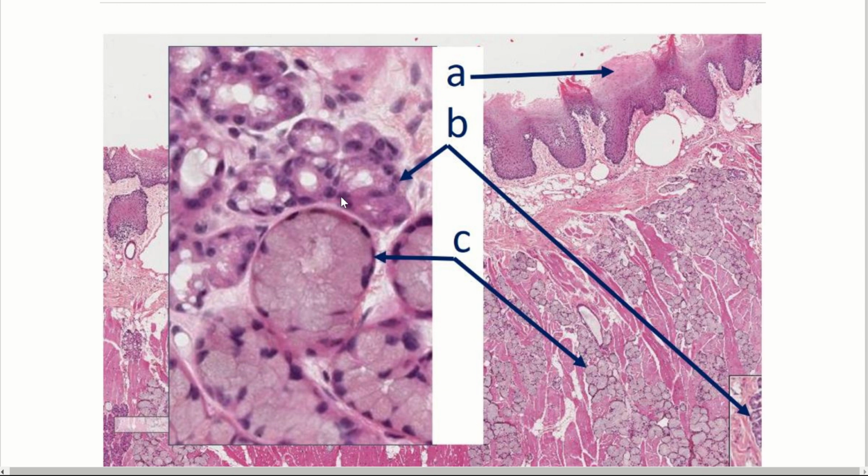And then B, remember epithelium does make up your glands as well. So B is going to be your serous glands, kind of the more dark colored ones in comparison to these. You can see a little bit down here, but this is the main depiction of that. And then C is going to be pointing to your mucus glands.